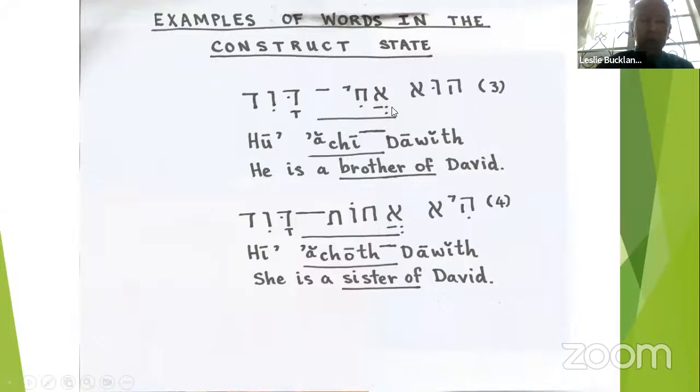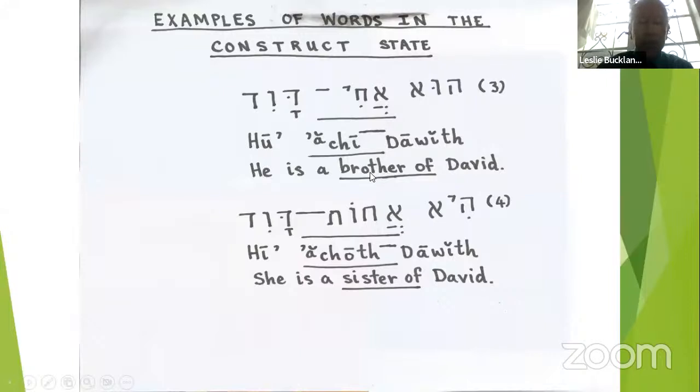So now we're not only looking at he is a brother. When he was just spoken of as a brother, without any further additional explanation, the noun brother was in its absolute state. But when the words of David were added on by joining brother with David, then we find that brother became construct.